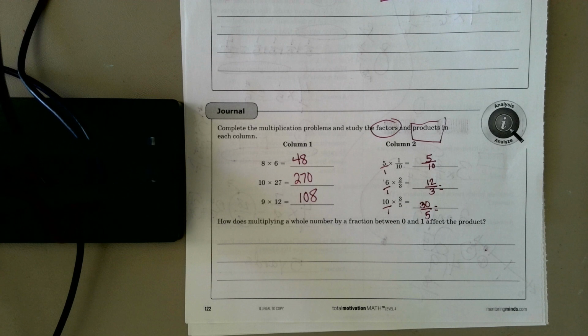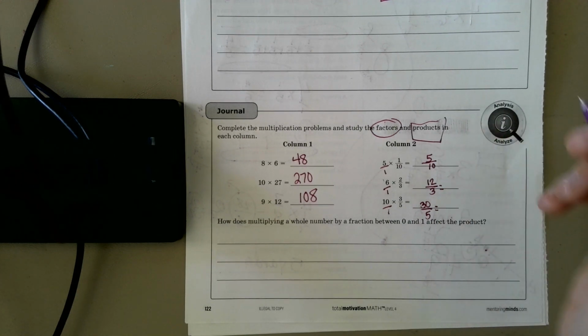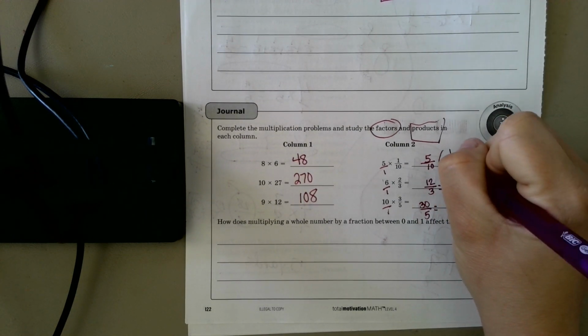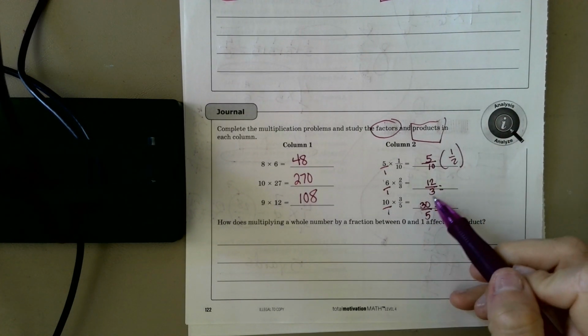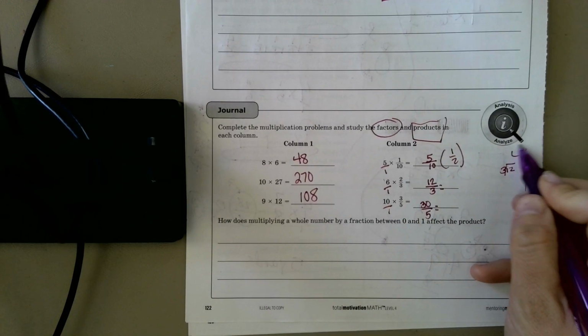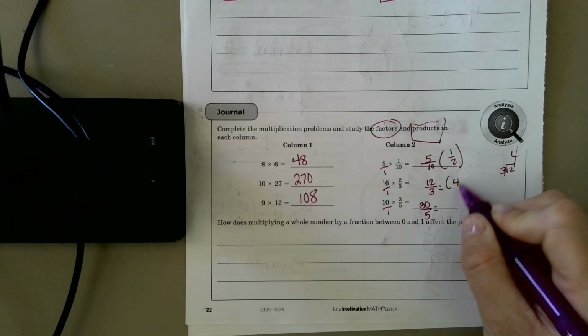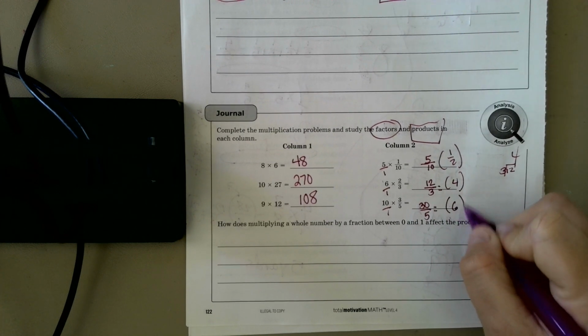I want you to look at these relationships between the factors and the products. The first thing I want you to know is that this is equivalent to 1/2. And we need to change this improper fraction to a mixed number by dividing, but hopefully you can divide that mentally just to see that it's 4 wholes. And hopefully you can divide this mentally just to see that it's 6 wholes.